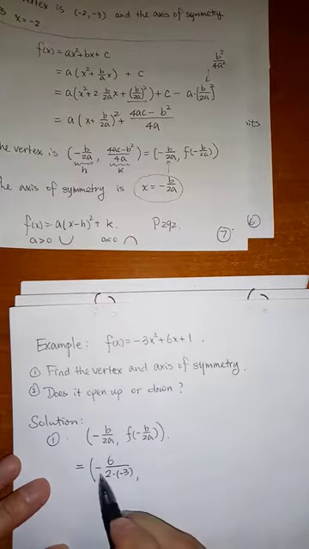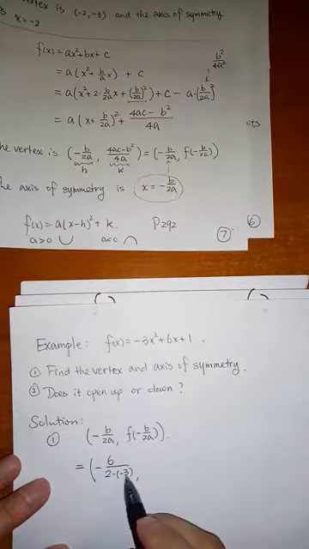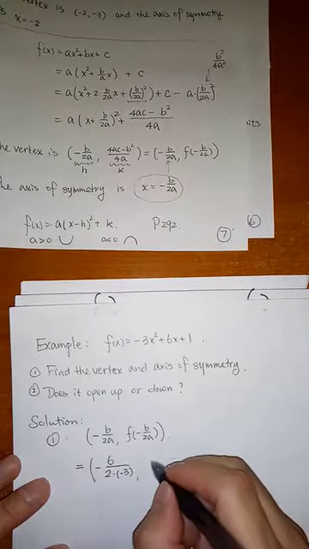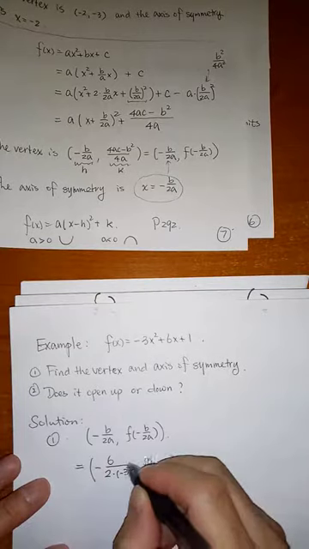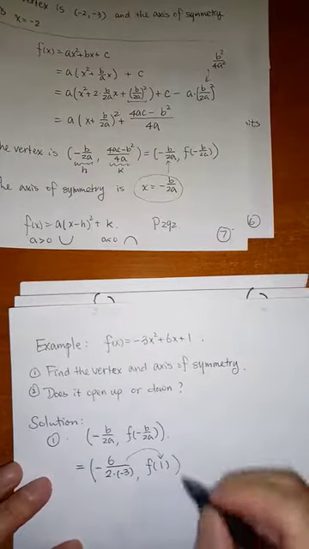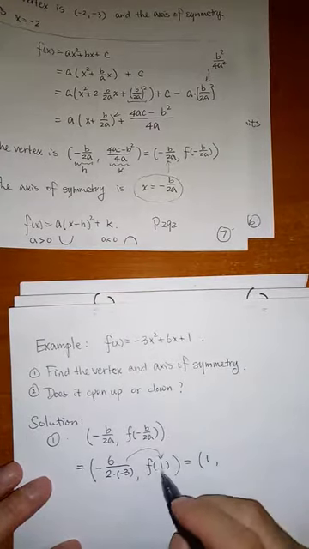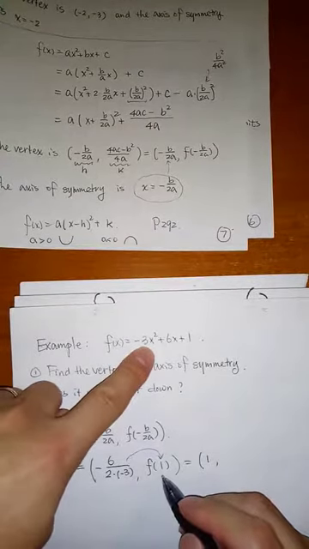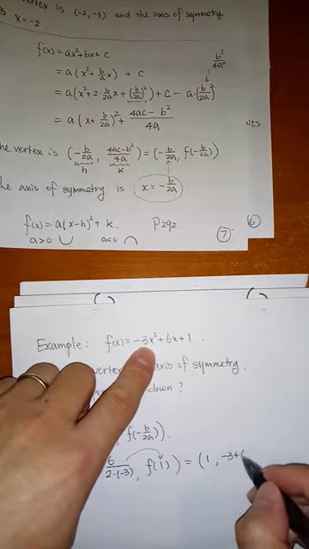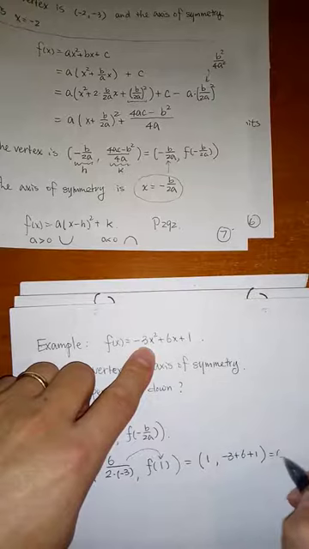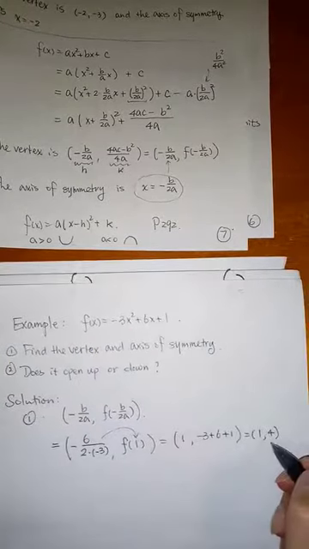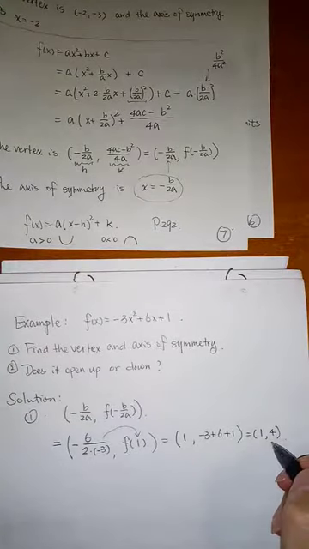Okay, so what is this? 2 times negative 3 is negative 6. 6 with this negative sign, 6 over 6 is 1. So you have f of 1. So we just quickly compute this quantity. When I have x equal to 1, the negative 3 plus 6 plus 1 is 4. So this is the vertex. The vertex is (1, 4).